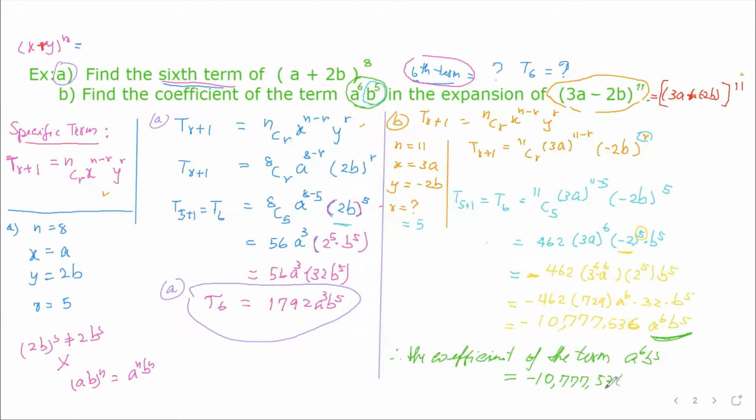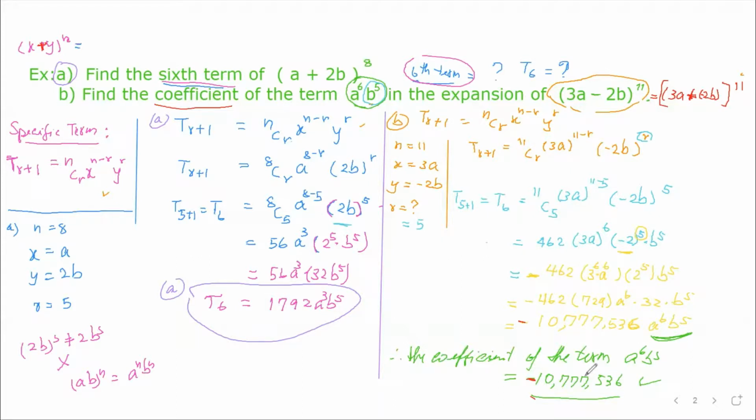This is the final answer, because they need the coefficient, correct? Coefficient means you get only the number. But this one has a negative sign, so you have to carry the negative sign also. The variables are removed. So the final answer is this one.